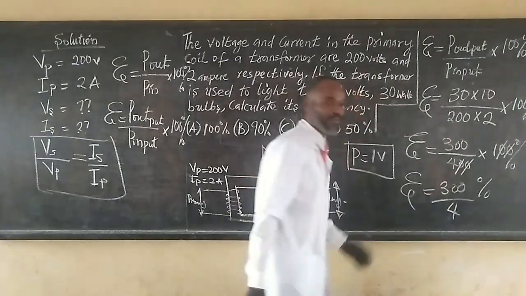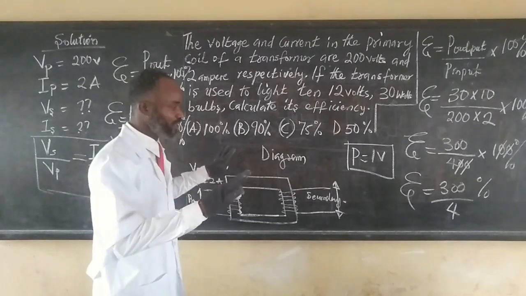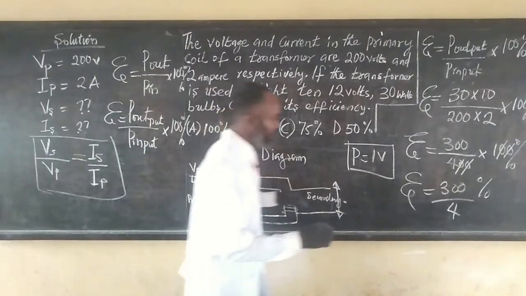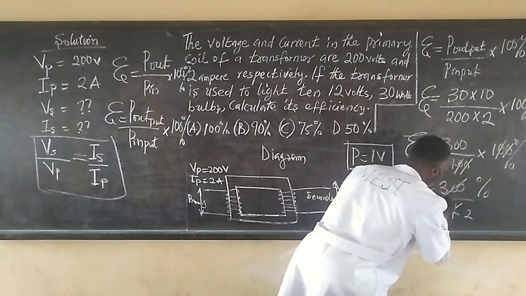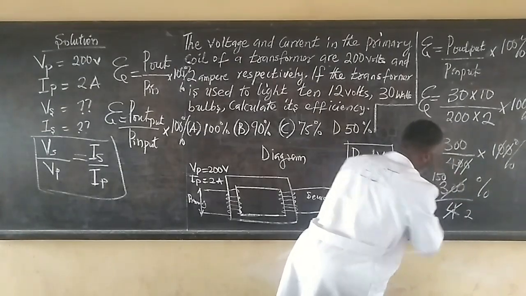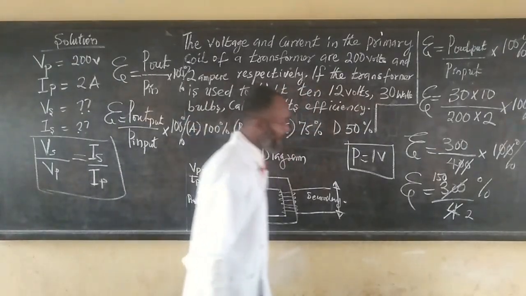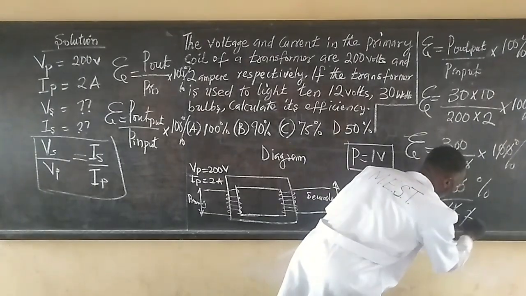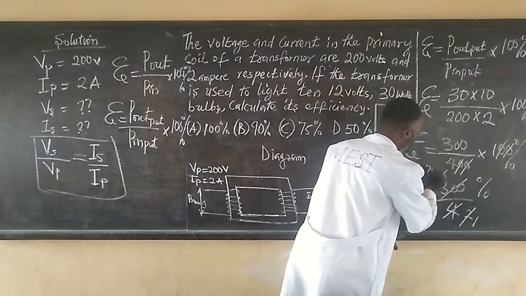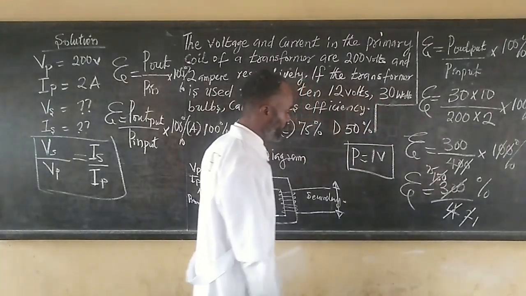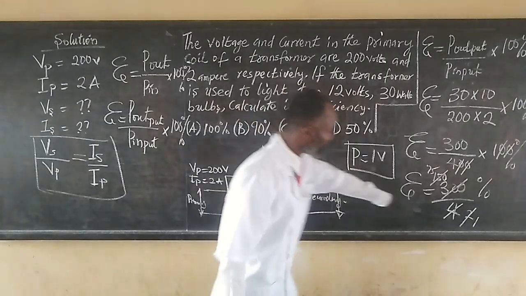Let's do this in a very simple way. 4 divided by 2 is 2, 300 divided by 2 is 150. Good. That makes sense. And we go again. 2 divided by 2 is 1, 150 divided by 2 is 75. Do you see that? Yes, it's 75.